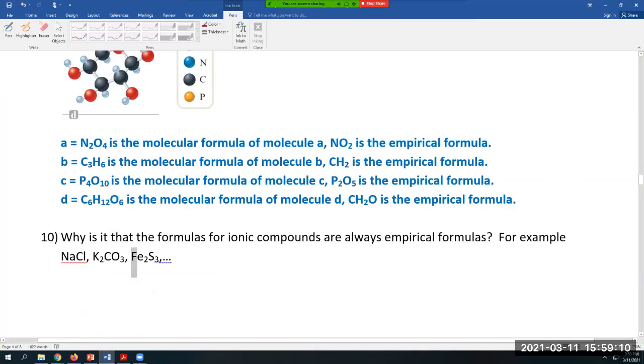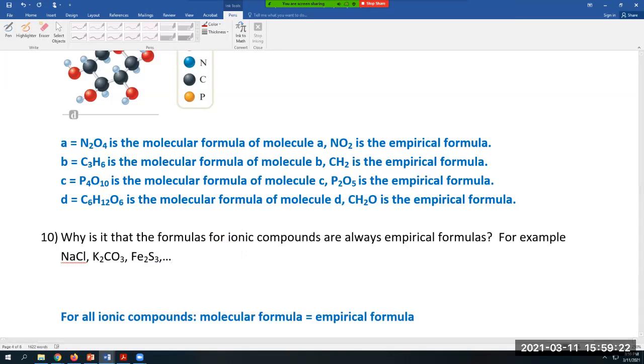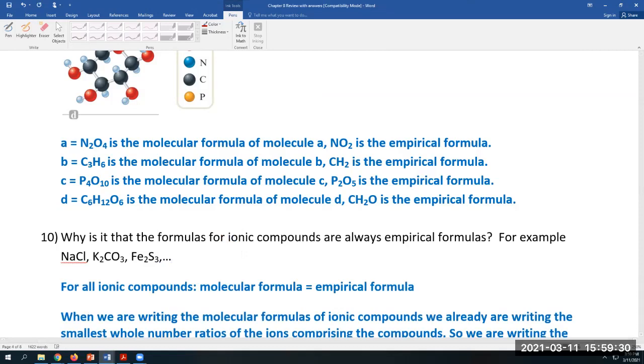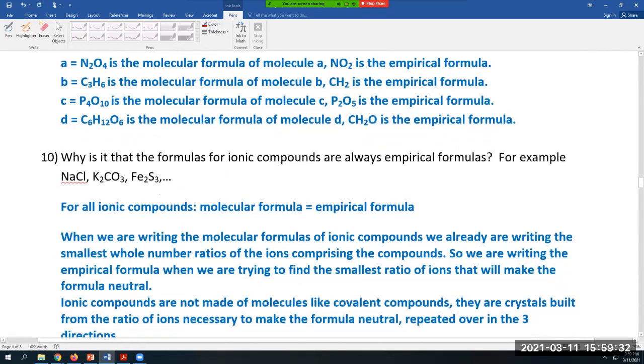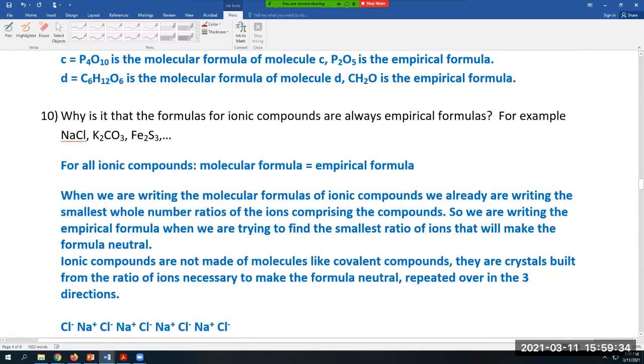And then in Fe2S3, between 2 and 3, you cannot reduce further. So yes, for all ionic compound, the molecular formula is the empirical formula. And that's the way we find the formulas for ionic compound. It's the way we find the formulas that makes it this way.